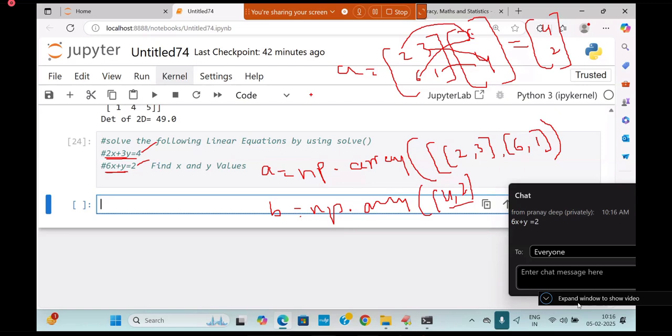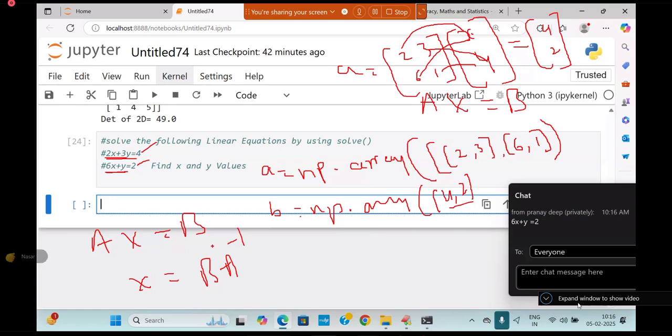It is something like A times x is equal to B. Mathematics: Ax is equal to B. What is x equal to? B times A inverse.